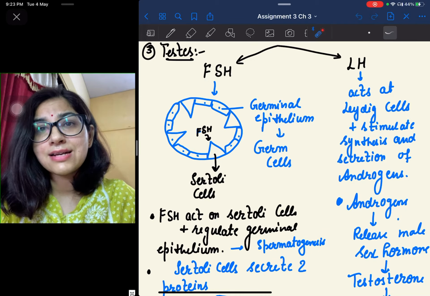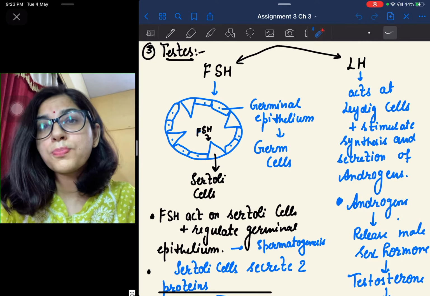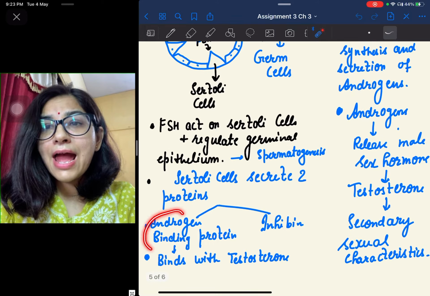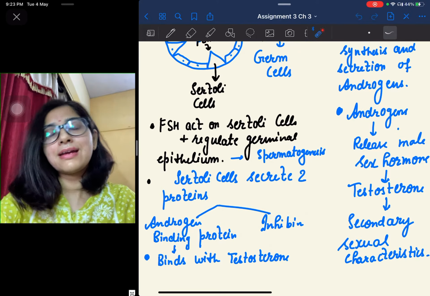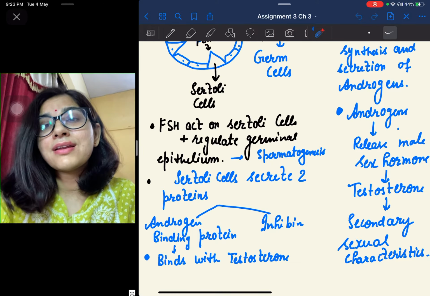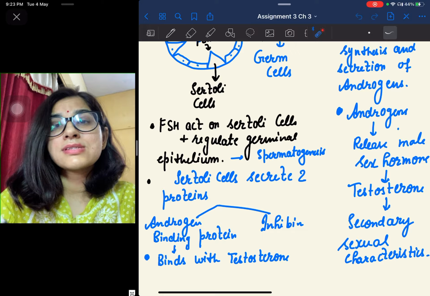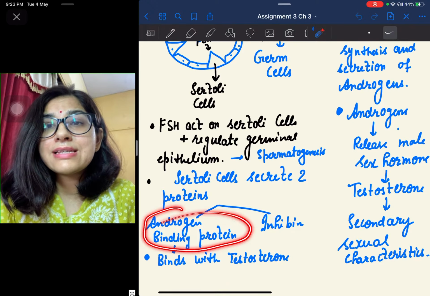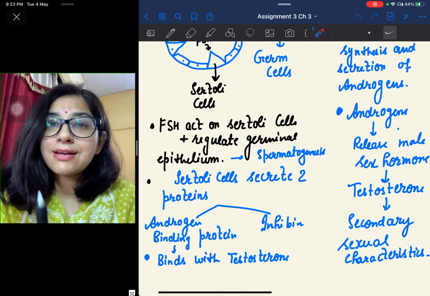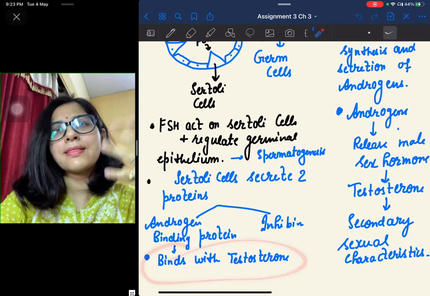So the signal comes to the Sertoli cells, and there is regulation and stimulation of the germinal epithelium, and spermatogenesis starts. Sertoli cells secrete two proteins, one is the androgen binding protein and one is the inhibin. Whenever the Sertoli cells start releasing these proteins, there is a sufficient amount of testosterone in the male.